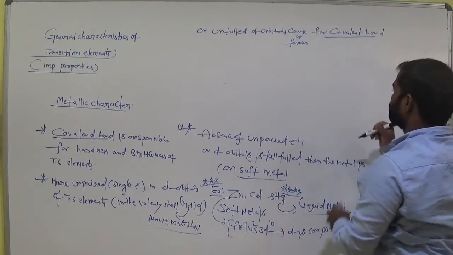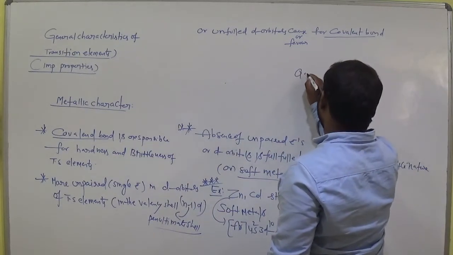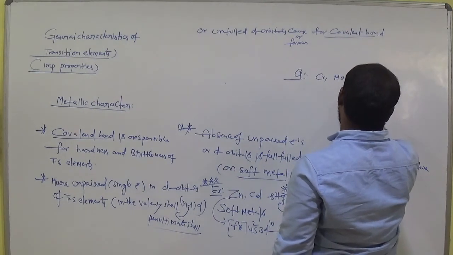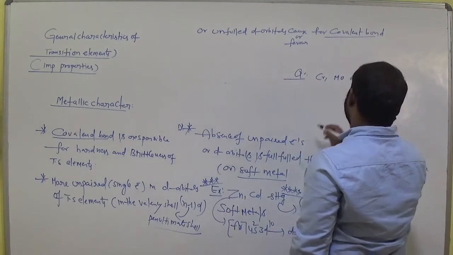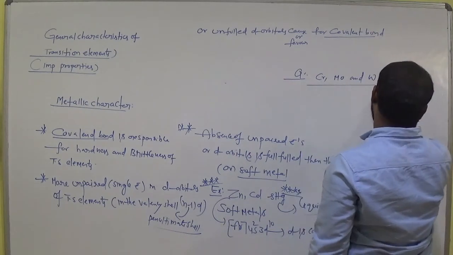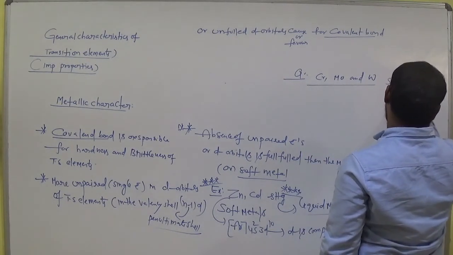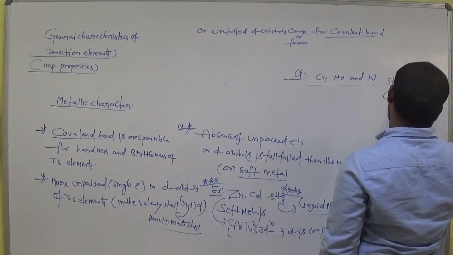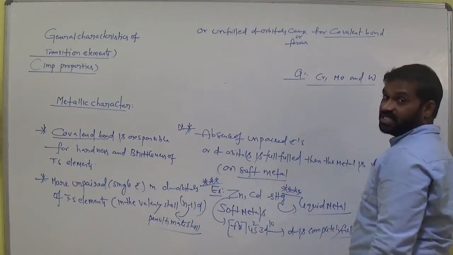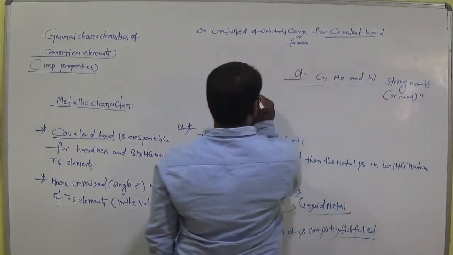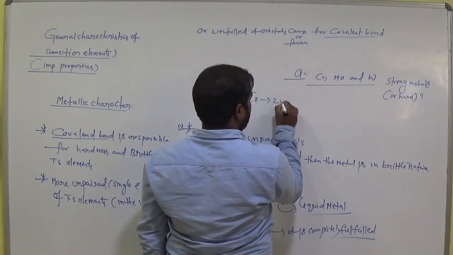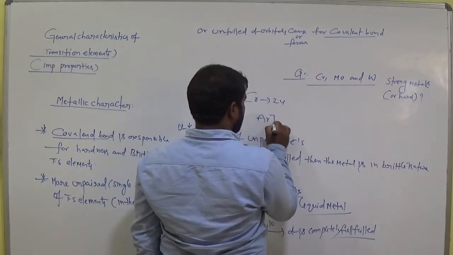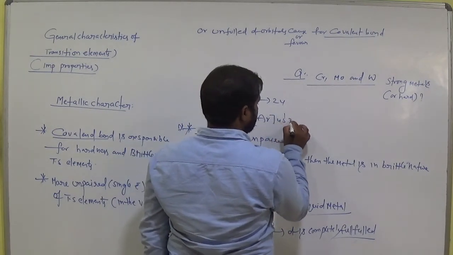And what about this one? Suppose chromium, molybdenum and tungsten: these are strong metals or hard metals. What is the reason for this? If you observe chromium, what is the atomic number? 24. Write its electronic configuration: argon 4s1 3d5.